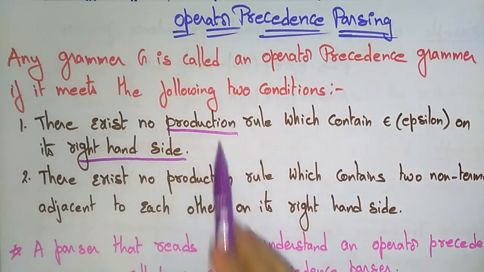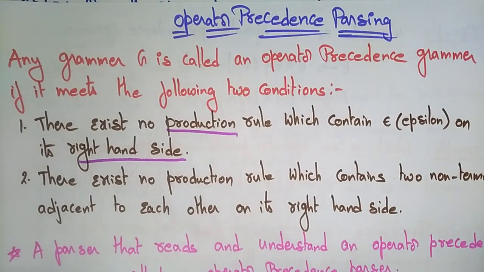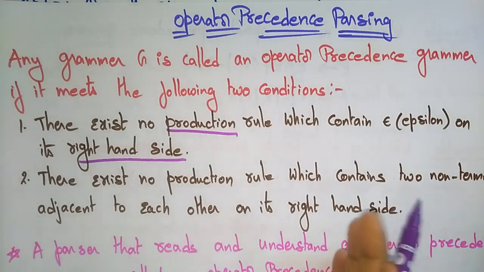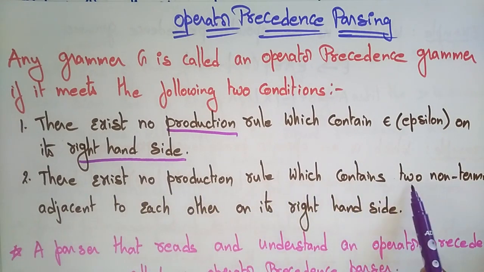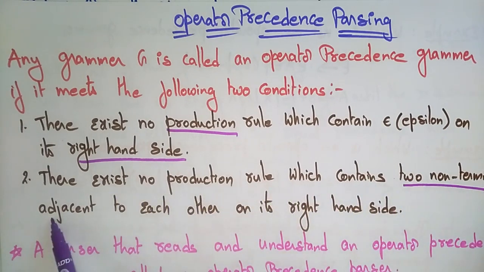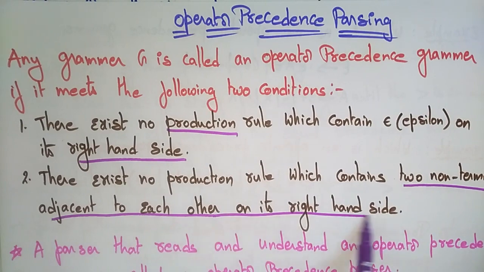Whatever production we take for the grammar, it should not contain epsilon on the right hand side. And the second condition: there exists no production rule which contains two non-terminals adjacent to each other on its right hand side.